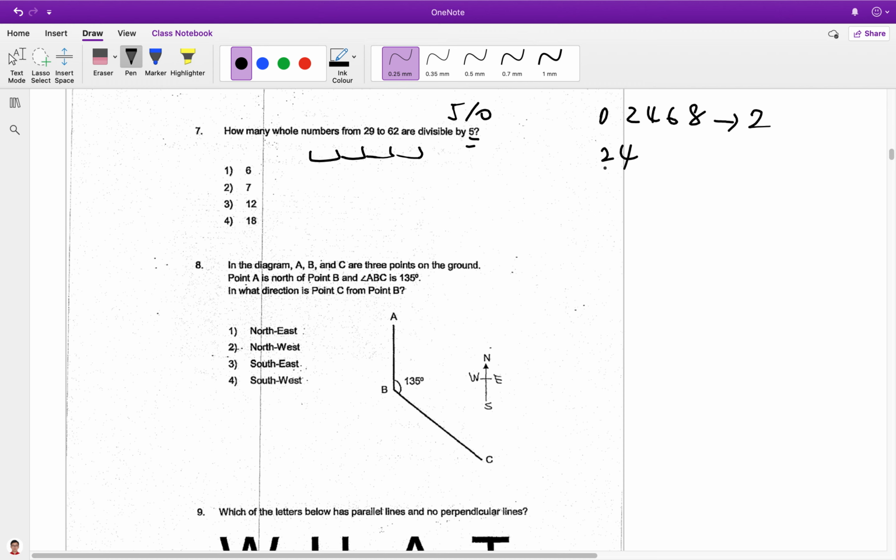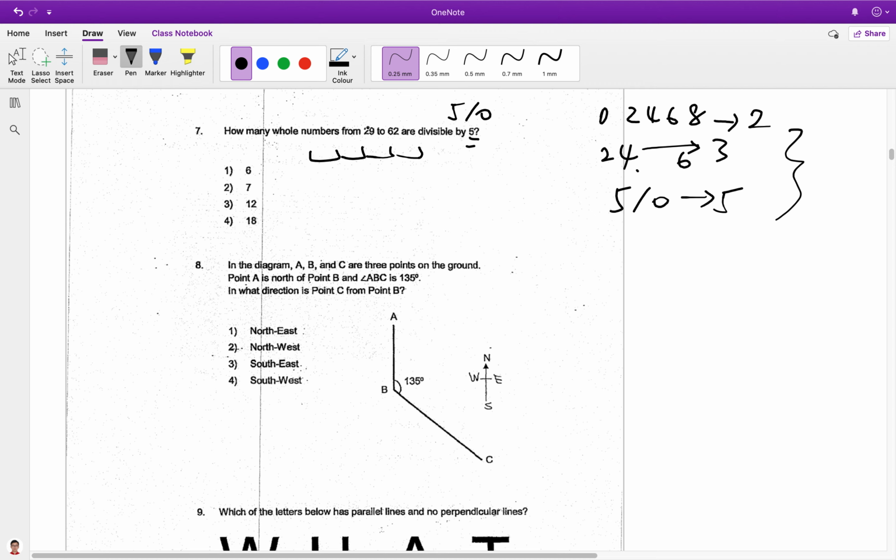We just sum up all the digits to check whether it is divisible by 3. 2 plus 4 is 6, and 6 is divisible by 3. So this one is divisible by 3. For 5, we just check whether the last digit is 5 or 0. This is the most basic thing that we need to remember.